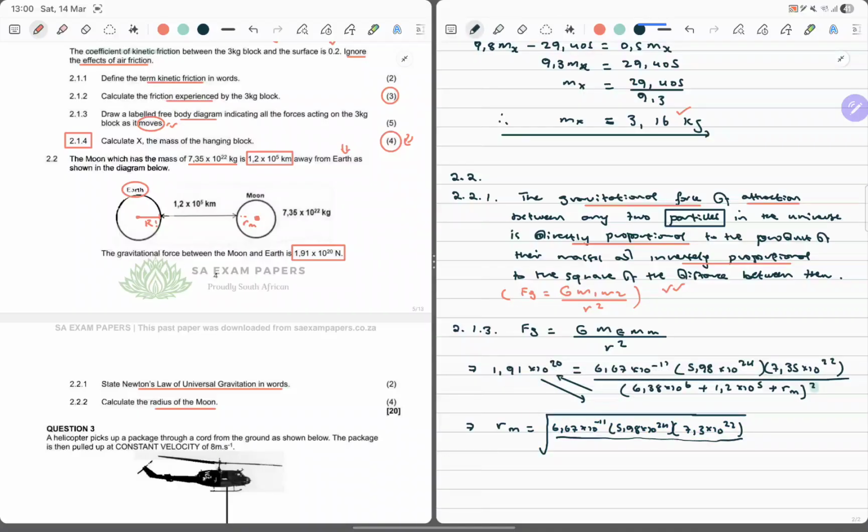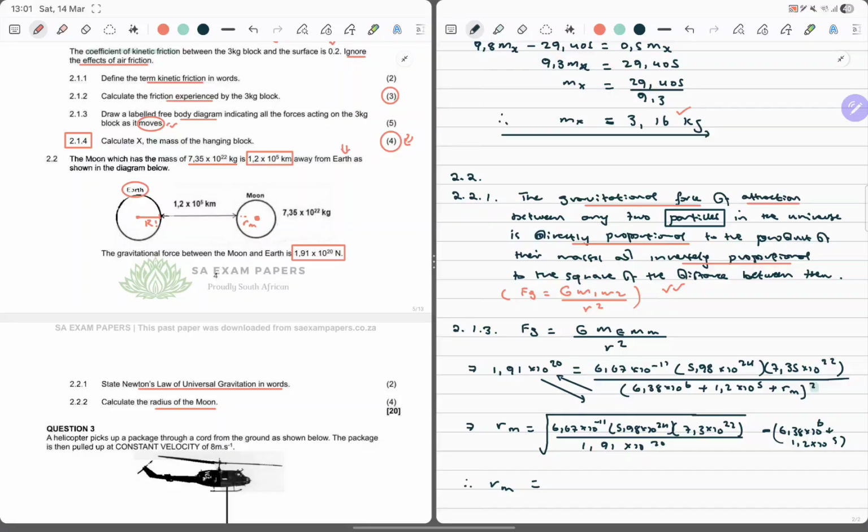All divided by our first 1.91 times 10 to the 20. And of course, guys, we're going to subtract from this whole thing the sum of these two, 6.38 times 10 to the 6 plus 1.2 times 10 to the 5. Unfortunately, the space was not so accommodating. The radius of the moon is what we will get.